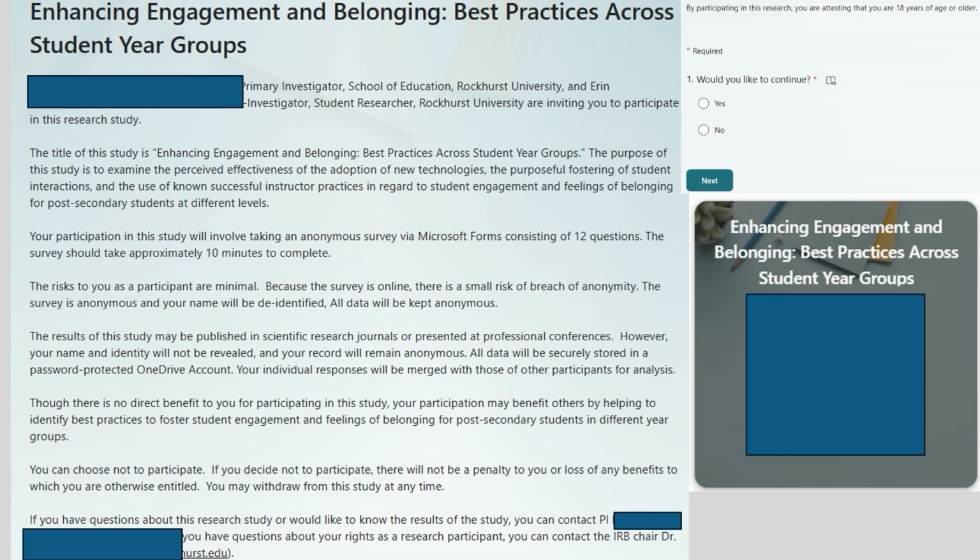All data also will be secured in a password protected account, and individual responses will be merged with other participants for analysis. This form also identifies that there is no actual direct benefit to people who participate in the study, but that their participation may benefit others by helping to identify best practices in this subject area.